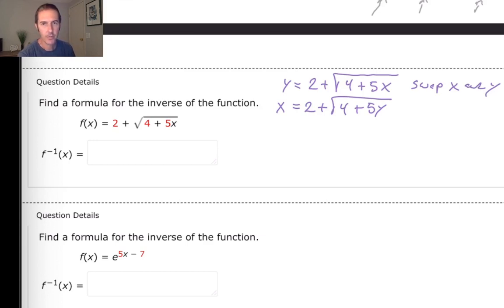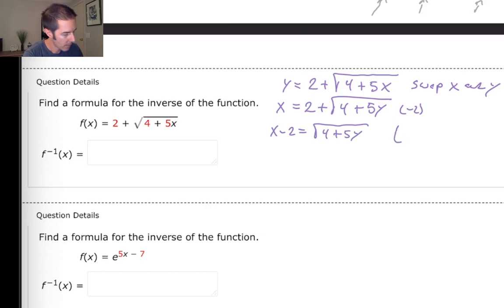Now the next group of steps is going to help us solve for y. We're going to isolate y on the right-hand side of the equation. So let's subtract 2 from both sides. And then we will square both sides.